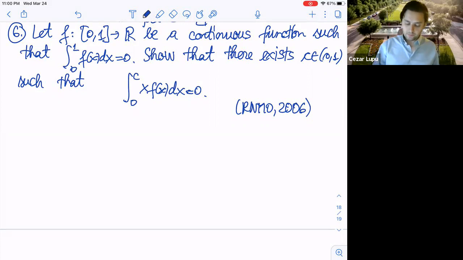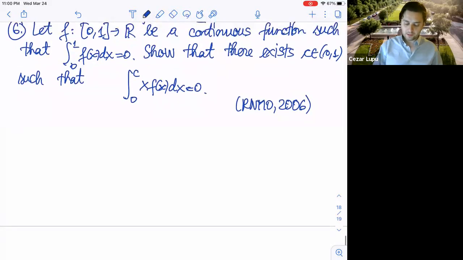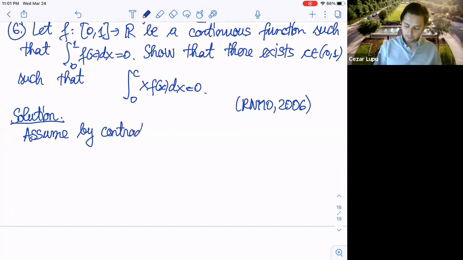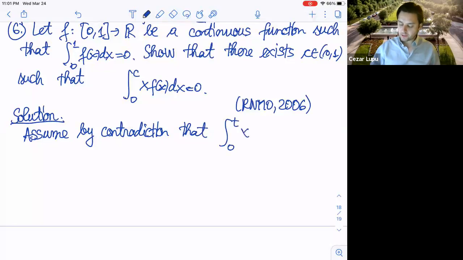And the problem is, I would say, tricky. So we will argue by contradiction. So assume by contradiction that the integral from 0 to t of x f of x dx is different than 0 for all t in 0, 1, right?